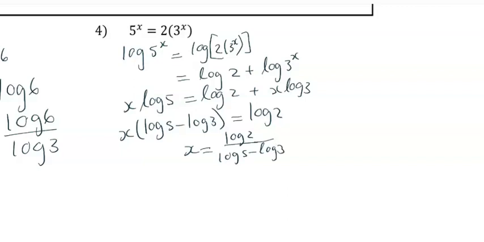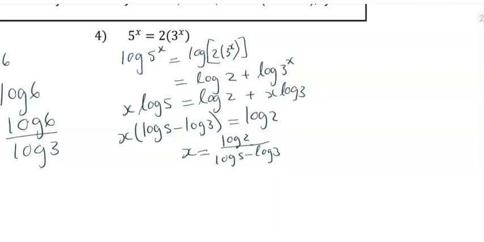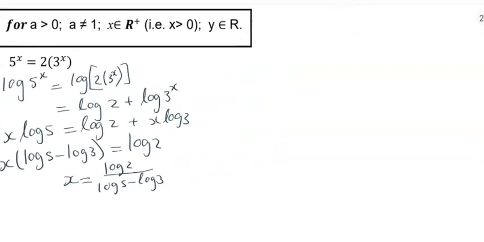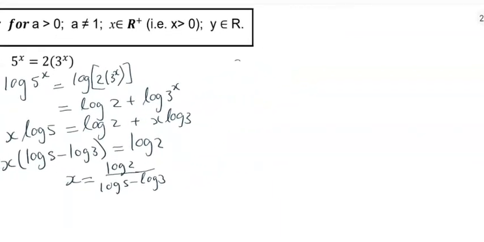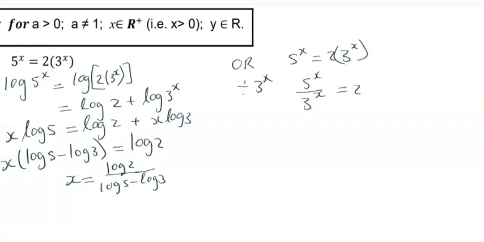Remember, log is just some real number. I could also do this. I could say 5 to the x equal to 2 times 3 to the x. I can divide by 3 to the x, which is not 0, so I get 5 to the x divided by 3 to the x is equal to 2.